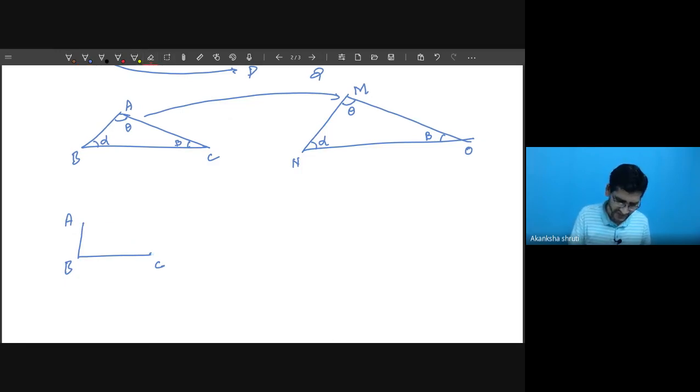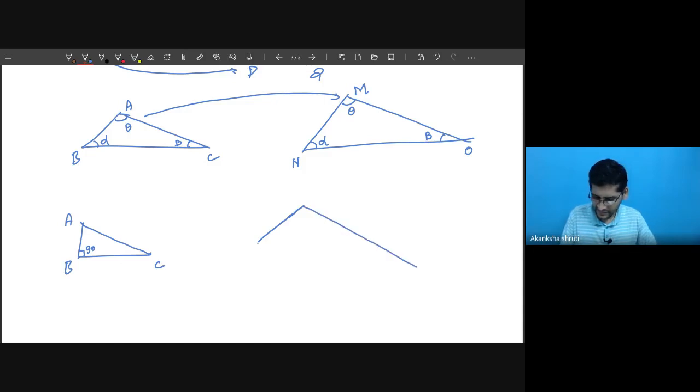So ABC is a triangle in which this B is your 90 degrees, and I have to make the 90 degrees somewhere here also.